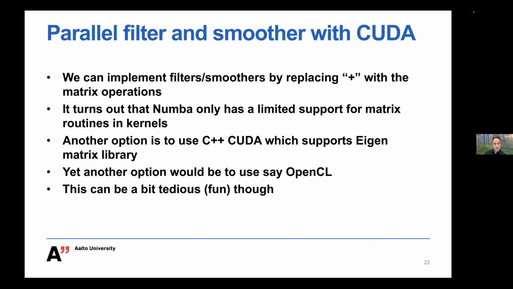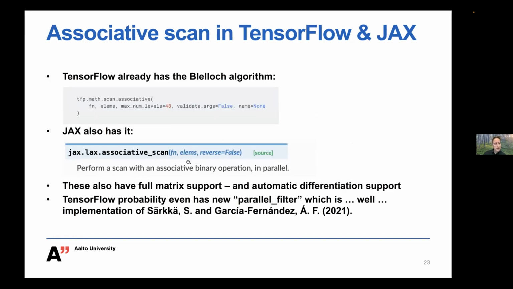But there are other options, because this associative scan is actually quite an old concept. It has been used in parallel computing for 30 years at least. So someone has already noticed in TensorFlow, for example, that it's a very useful generic primitive operation.